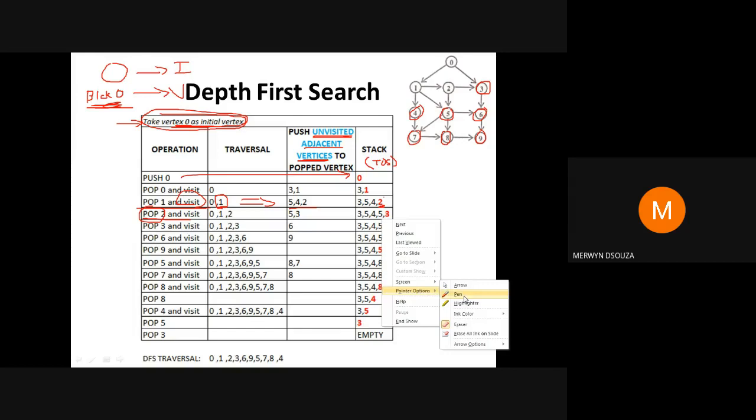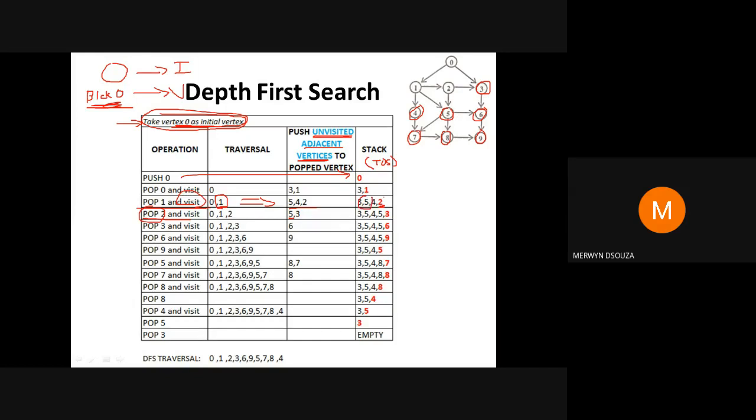Now there is a difference here. You can see that 5, when you are pushing it, is already present on the stack, but we push 5 again. Although 5 is already present, it is pushed again. As long as it is unvisited, that is the only criterion we check. We do not care whether 5 is already on the stack.